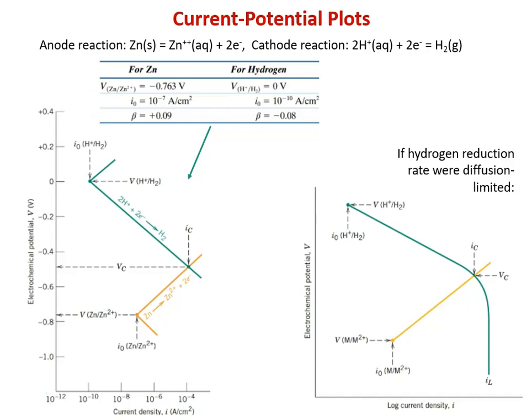So if we were looking at our cathode reaction, say we were reducing some hydrogen ions to hydrogen gas because we had an acid and we had some zinc in it, we could look at increasing the current density going from left to right on our x-axis. And if we look at the reduction reaction up in the green, where it's labeled 2H+ + 2e- going to H2, we see that that line slopes down going to the right.